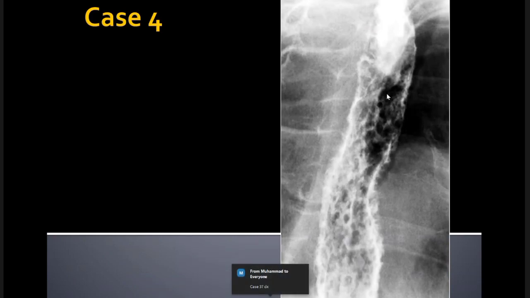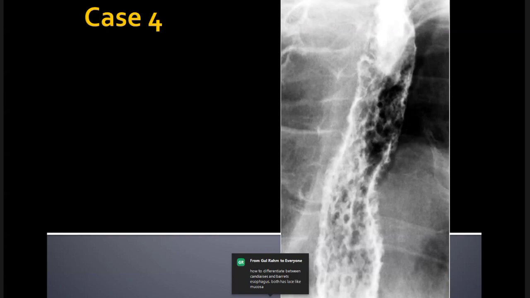It's a little bit similar to the last one, but even more ill-defined. All these irregular linear ulcerations, as you very nicely described. There are all these little projections beyond the mucosal contour indicating very fine ulcerations. And you gave a good differential.